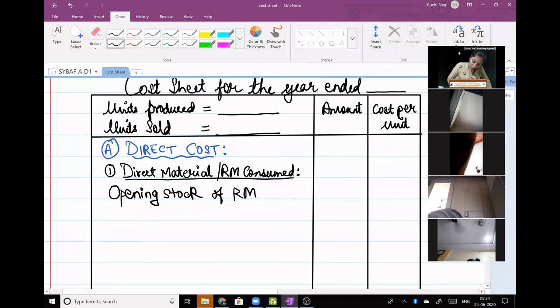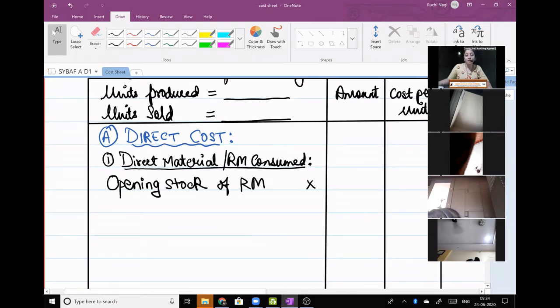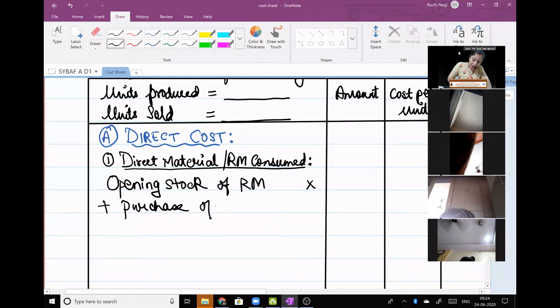Opening stock of raw material. Okay, your manufacturing account, debit side. Opening stock of raw material. Add purchase of raw material. Debit side items you will add, credit side you will subtract. Add purchase of raw material.